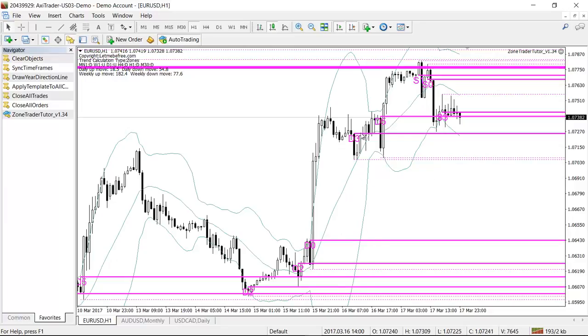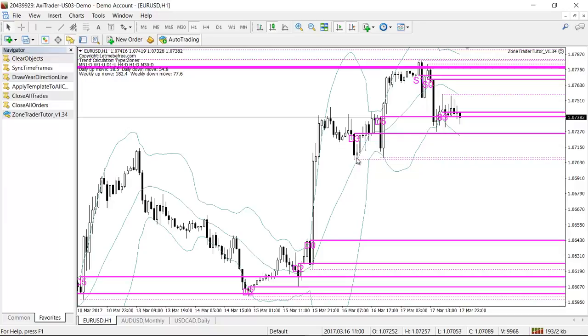In this case, this zone here with the D3 next to it, you see that as it formed, it was all inside of a Bollinger Band. And we look at that and say, well, institutions don't tend to trade when price is close to the moving average. It needs to be stretched away from the moving average for them to trade.